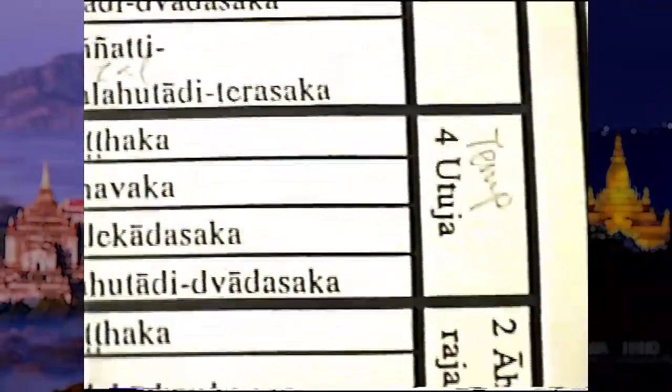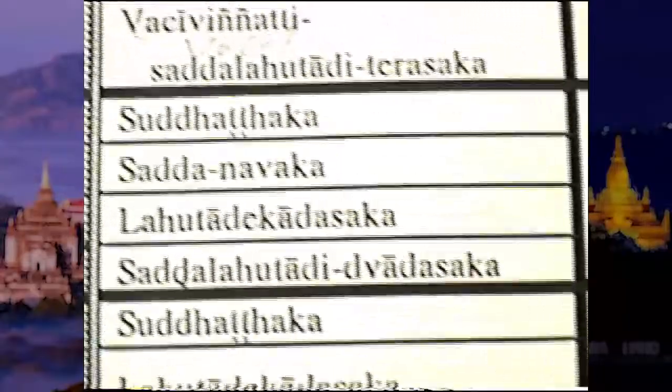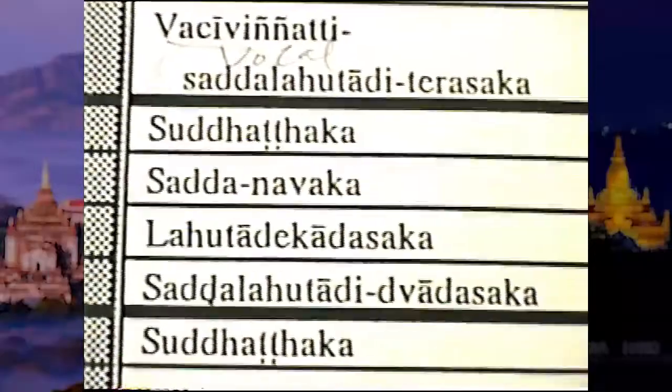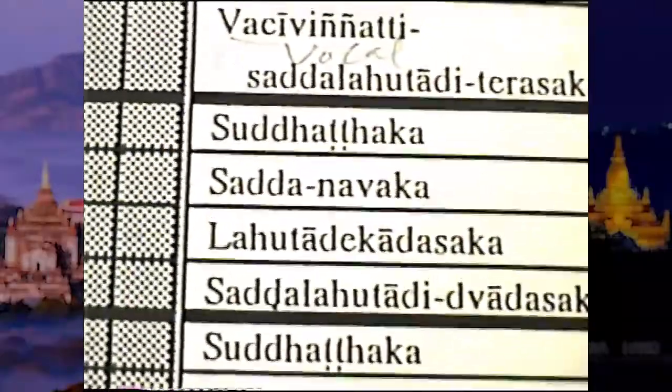Now, the next group is 4 kalapas caused by utu, caused by temperature. And again, the first one is pure octet, Suddhattaka. And the second one is Saddha Navaka. That means 8 plus sound, Saddha Navaka.